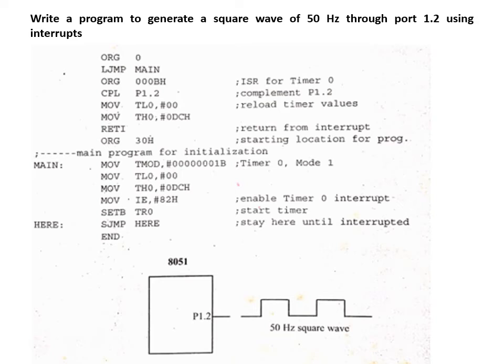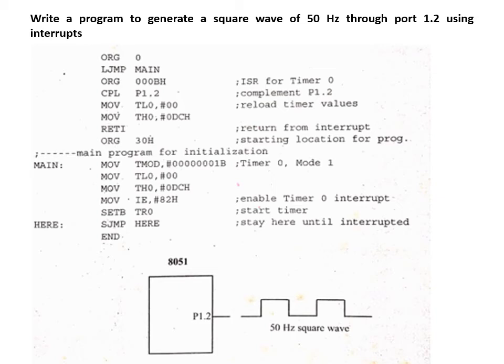The required delay is obtained by taking the inverse of 50 Hertz, which gives you the total time period. As it is a square wave that has to be generated, divided by 2 gives you the required delay. When you perform the calculation, you get the value as DC in hexadecimal. This is the value that has to be loaded into the TH register.